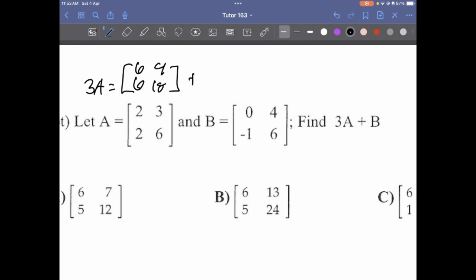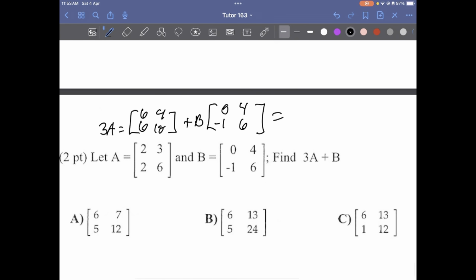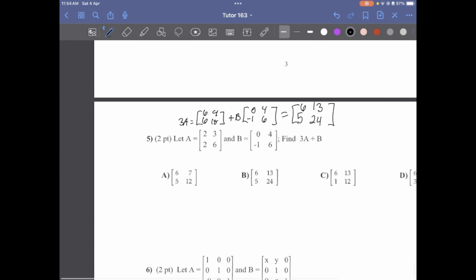And then we add in B, so plus B. B is 0, negative 1, 4, 6. So you just add in the respective positions. So that would be 6, 5, 13, 24. Okay. So our answer would be B.